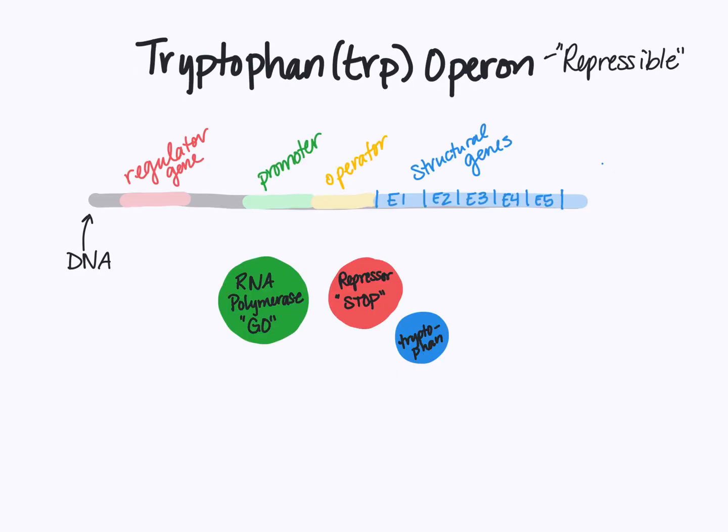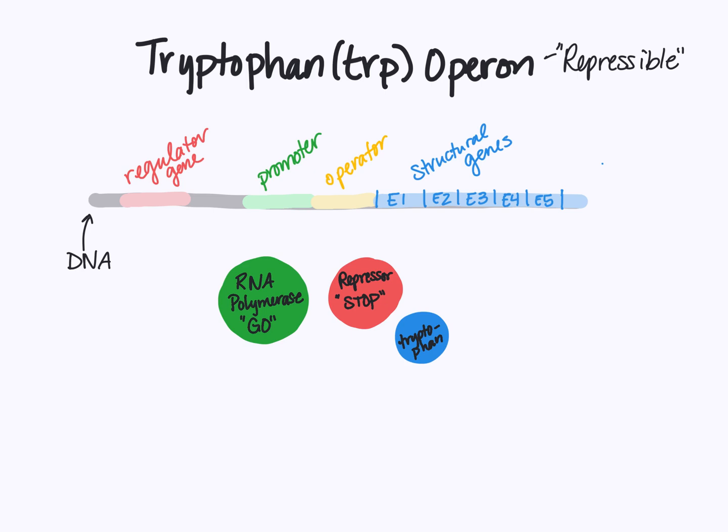So first, let's take a look at the tryptophan operon, or the trp operon. If you haven't watched my other video about operons, I recommend that you go back and watch it because it will help you recognize this simplistic drawing of what an operon is.